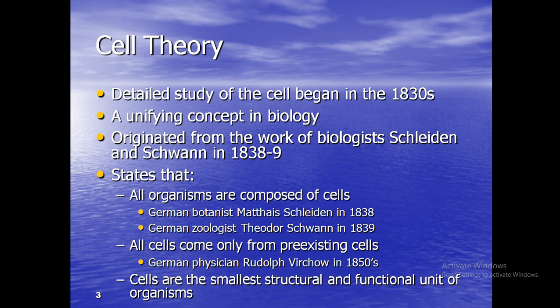Then another German physician, Rudolf Virchow, in the 1850s, added one more thing to the cell theory. He says that all cells come from pre-existing cells. What does it mean? All the new cells that are formed in the body are the contribution of pre-existing cells. If at all there is a cell, it can divide and form daughter cells.